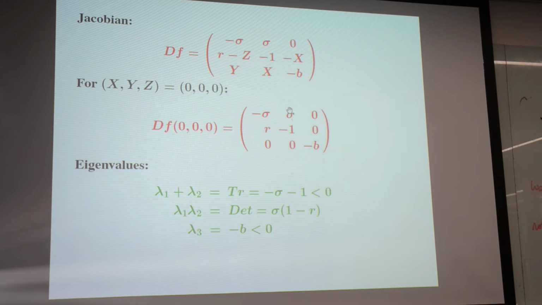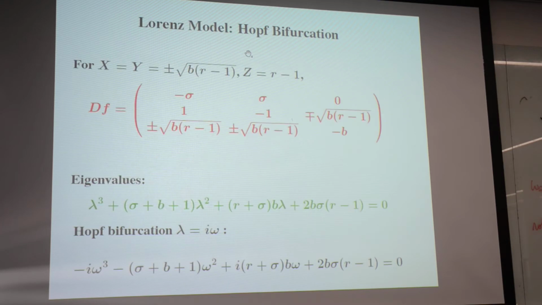Did I make a mistake? I should have a z. Oh, r minus z. Okay, it was over here. R minus z, and so r minus z is 1. Okay, that's why there's no z. So this is the Jacobian evaluated at the new solution.